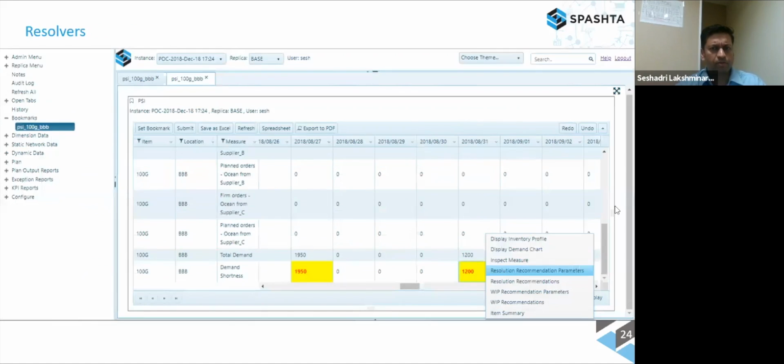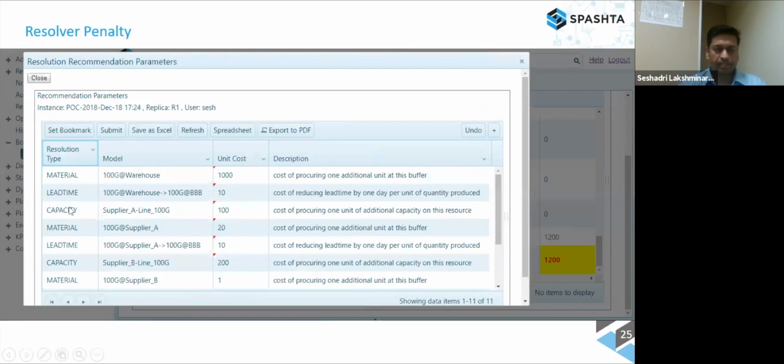In this case, whatever it takes to satisfy these 1200 units is what the tool would suggest, based on material or capacity, transportation, and so on.